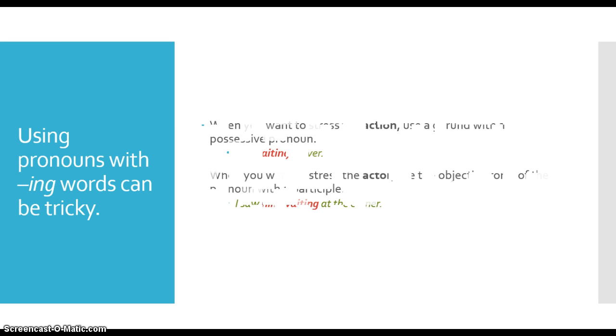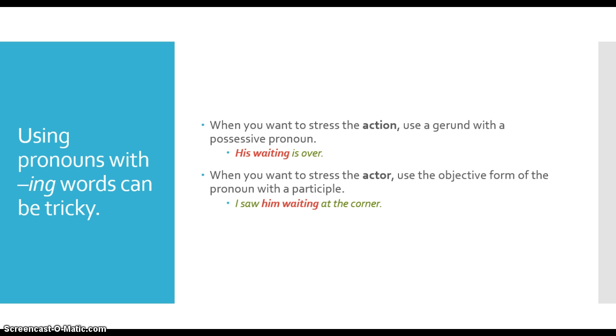Now, when you're using pronouns with words that end in ing, it can be tricky. When you want to stress the action, use a gerund with a possessive pronoun. In the example, his waiting is over. Waiting is the action. That's what we want to talk about the most, so we're going to use a gerund with the possessive pronoun, in this case, his.